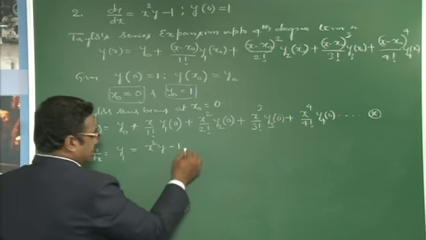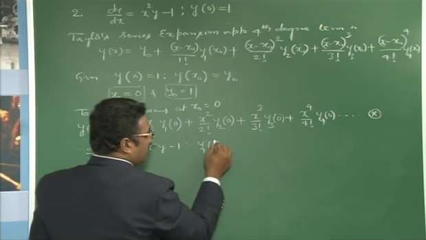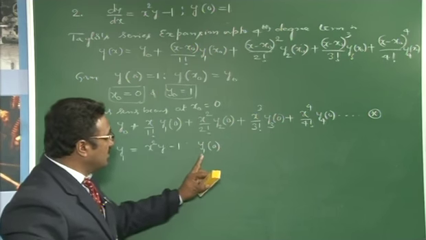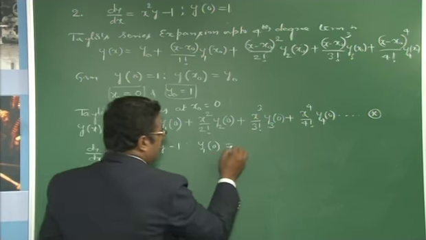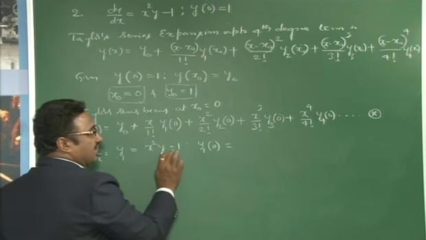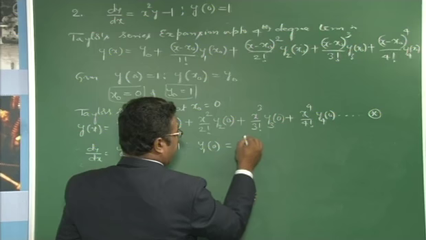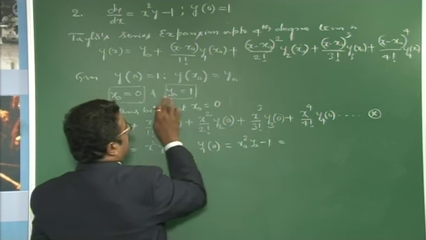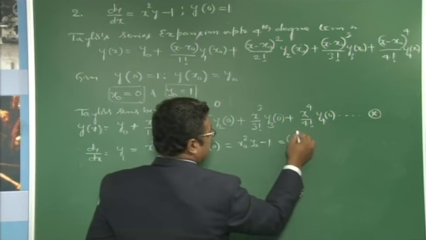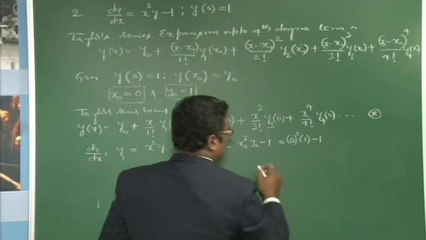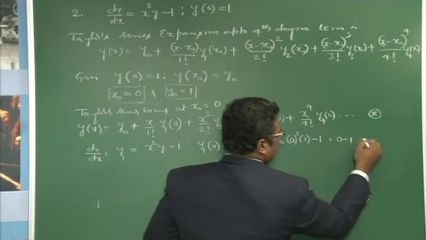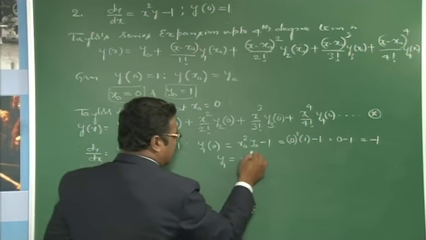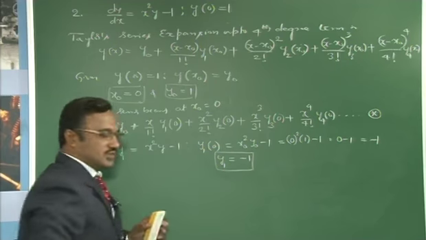Now put the point x naught equal to 0. y1 of 0 becomes x naught square y naught minus 1, which is 0 square times 1 minus 1, so 0 minus 1. That gives the y1 value at the point x naught as minus 1.